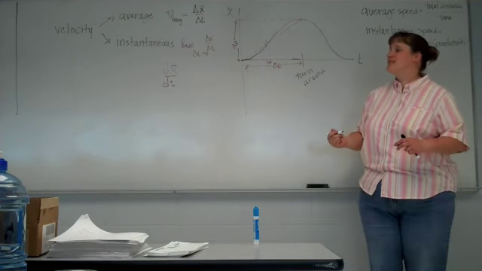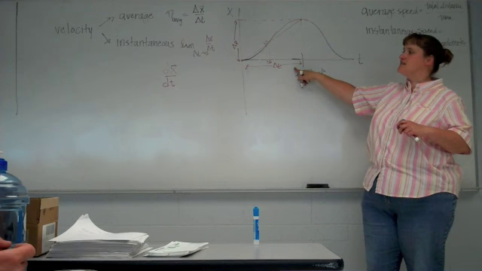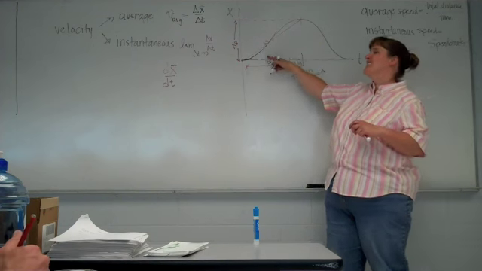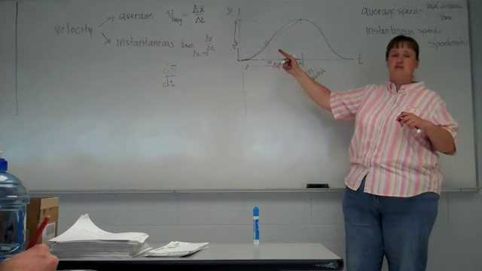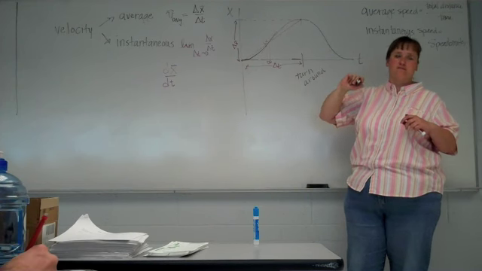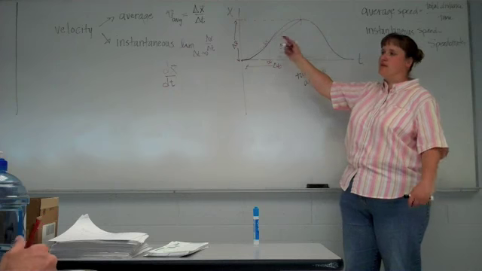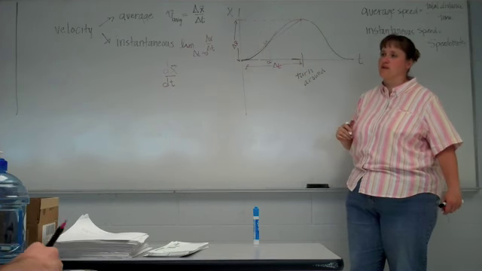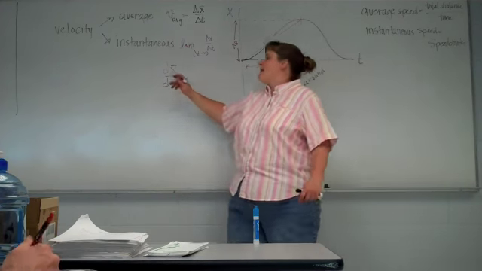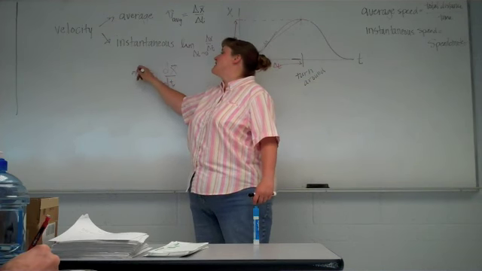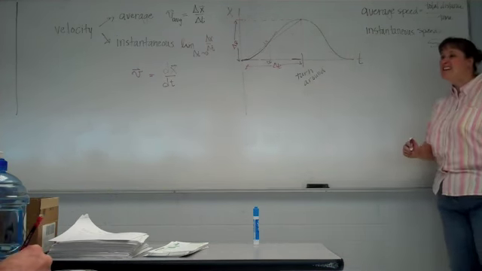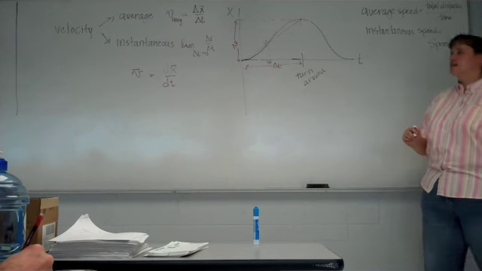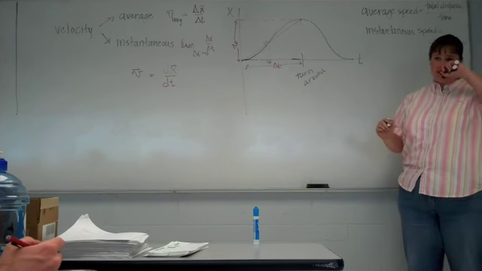So mathematically, if we want to find the instantaneous velocity, we need to have the function that describes the motion so that we can take the derivative of it, or it needs to be one where we can find the slope from the picture. So the instantaneous velocity, the velocity at any instant in time, is equal to the derivative of the position that describes the motion.